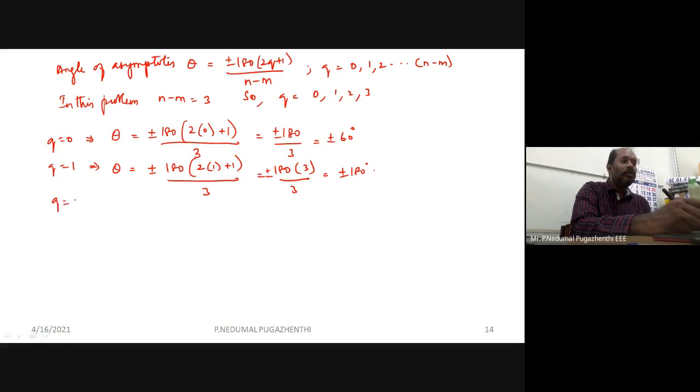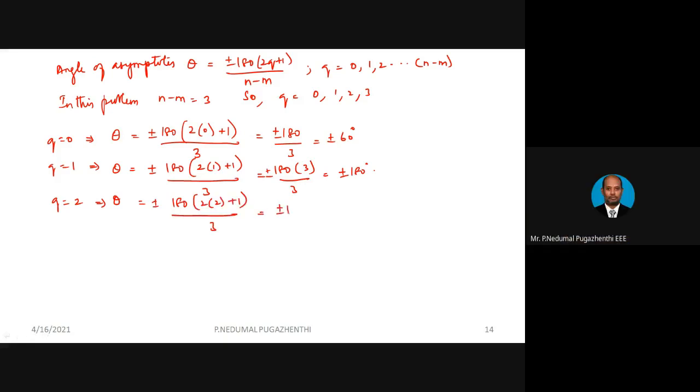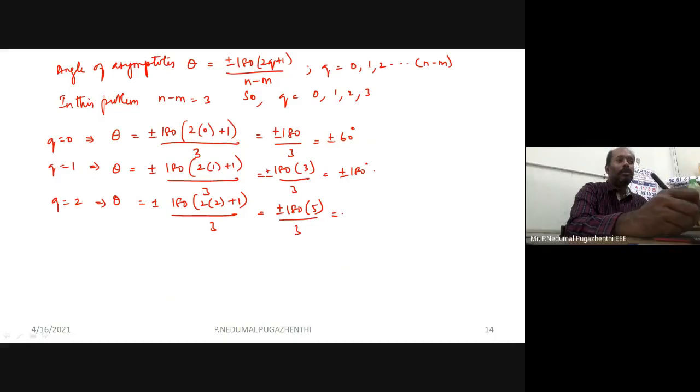And q equal to 2 implies theta is equal to plus or minus 180 times 5 divided by 3, which is 300 degrees, again a replica of the same. 300 is a replica of 60 degrees, so you can write it as minus plus 60 degrees.